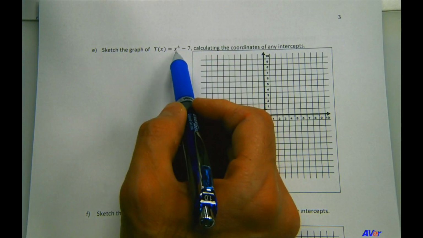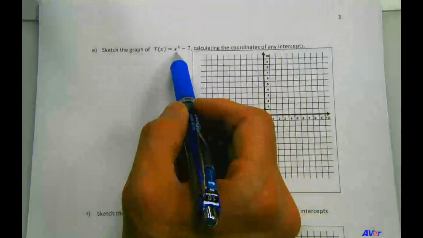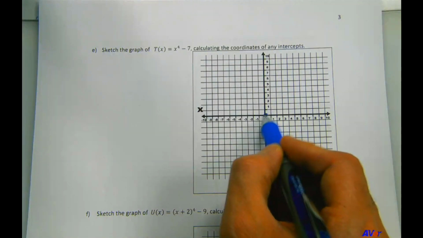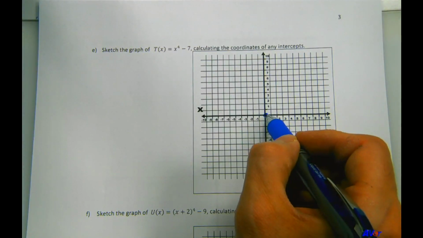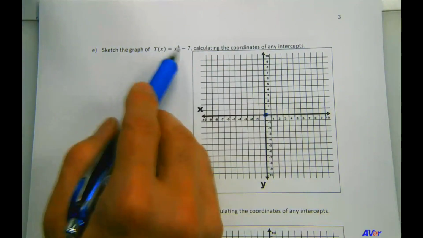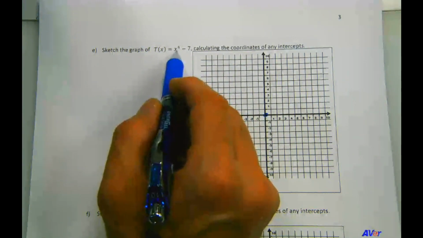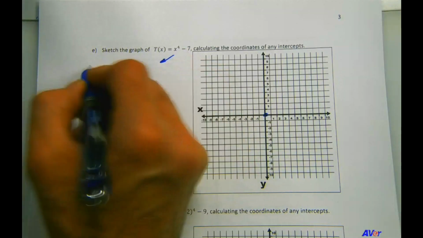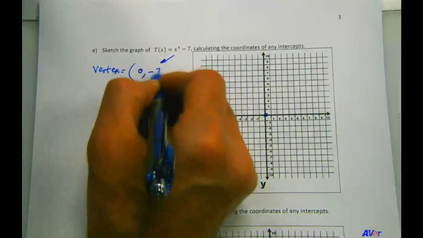We already know it's going to have its vertex on the y-axis, but it's going to be really flat at the bottom when you compare it with the x squared quadratic function. The vertex is going to drop 7 points, but it's going to be flat at the bottom. So the vertex here is going to be at 0, negative 7.